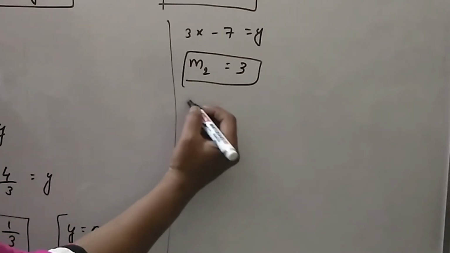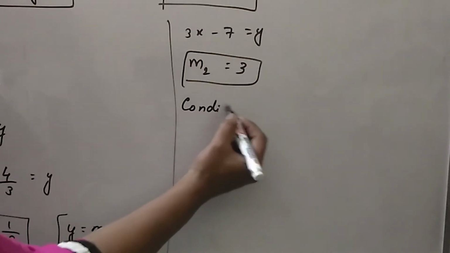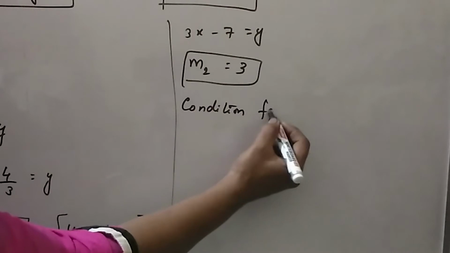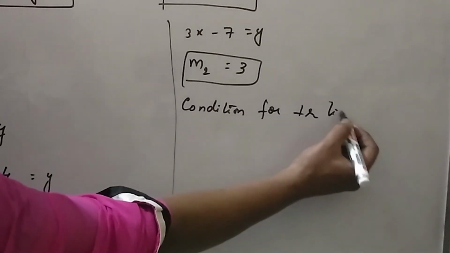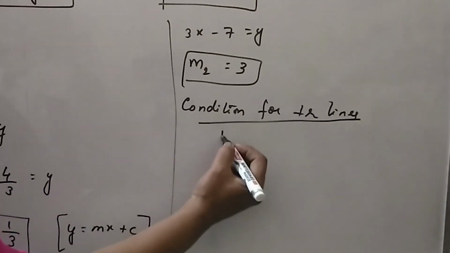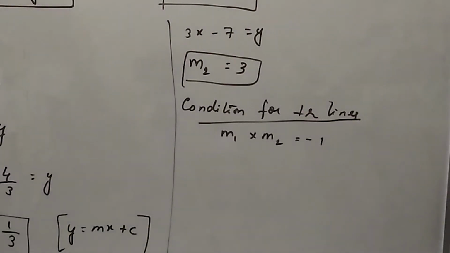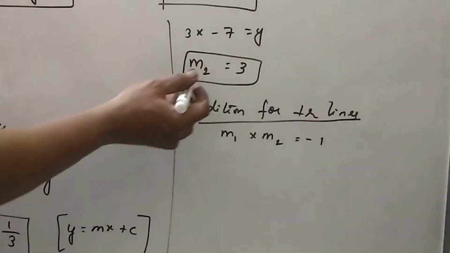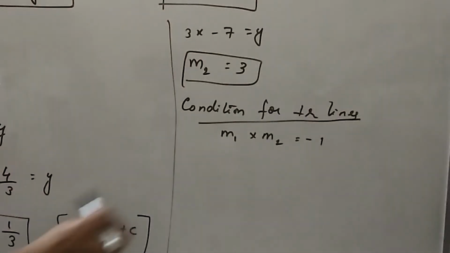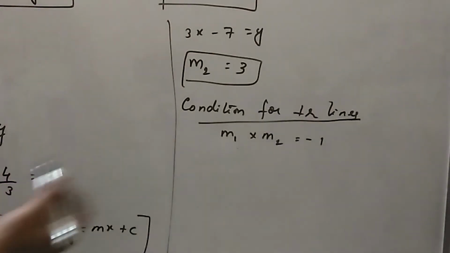Now, the condition for perpendicular lines. What is that? m1 into m2 is equal to minus 1. So we have to check whether the slopes we have calculated are satisfying this condition or not.